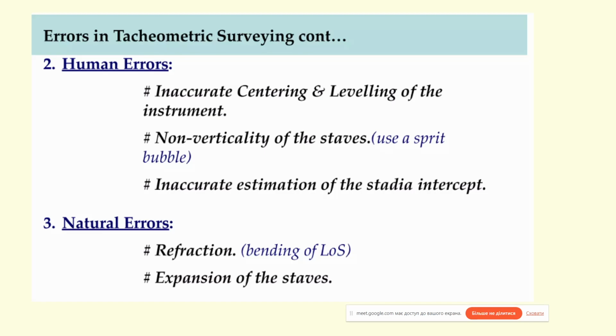And the natural errors: refraction and expansion of the staves. We can overcome the refraction by making our tachyometric surveying when the weather is appropriate, good enough for surveying.